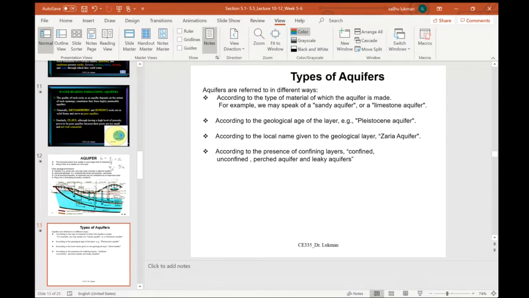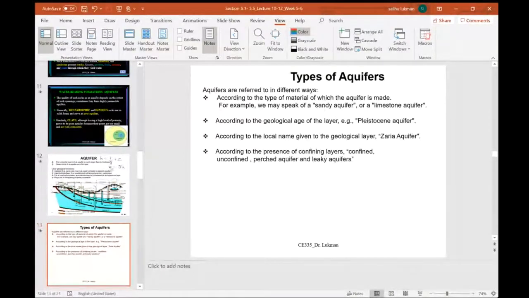This tells you the geologic formation that the aquifer is made up of, meaning sand or limestone. And we can define an aquifer according to the geological age of the layer, e.g. Pleistocene aquifer.